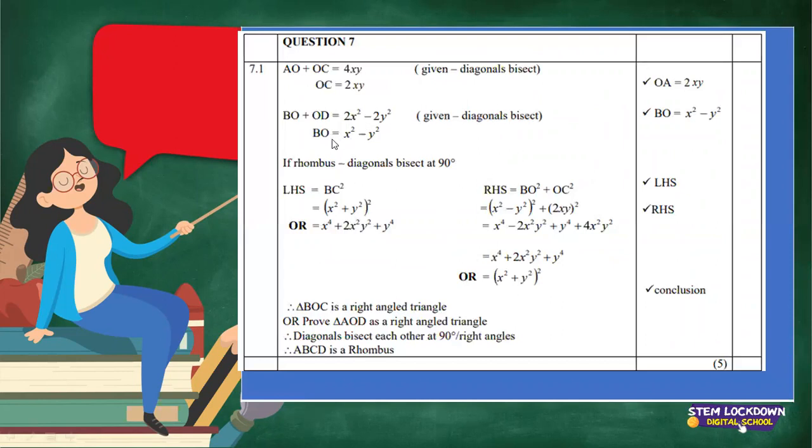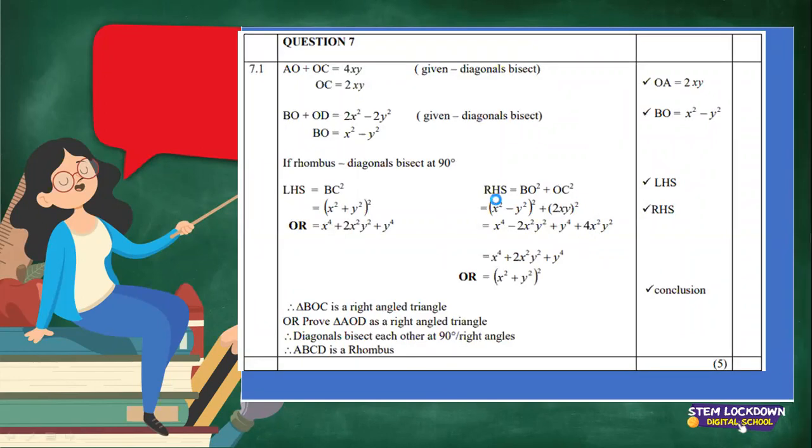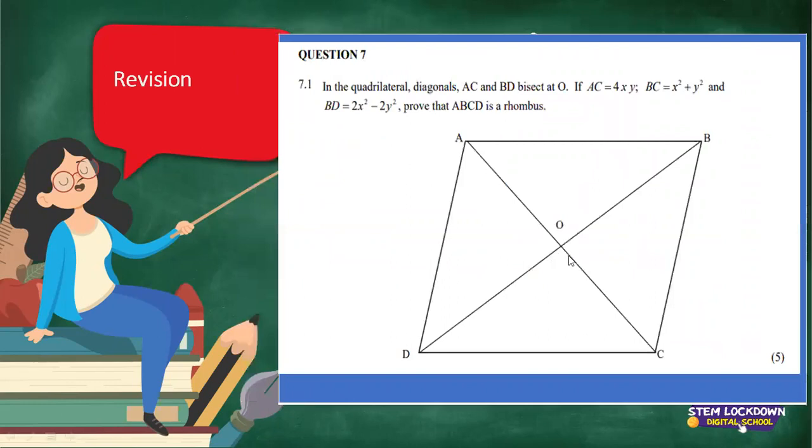And then OB equals what? x squared minus y squared, because we factorize, we have 2 brackets of x squared minus y squared divided by 2, so OB equals x squared minus y squared. So here we have 2xy, and here we have x squared minus y squared.